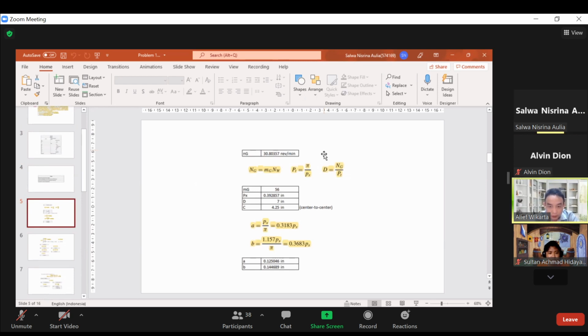You can continue, Mbak. Okay, from this equation, we know the axial circular pitch and the diameter of the gear with this equation. So we can calculate the center to center.